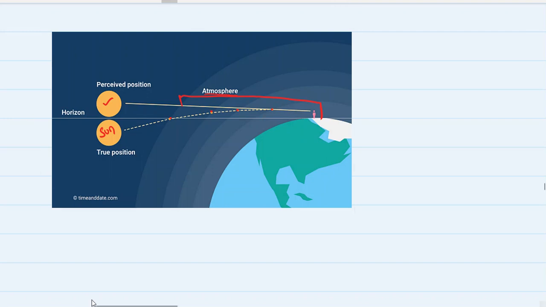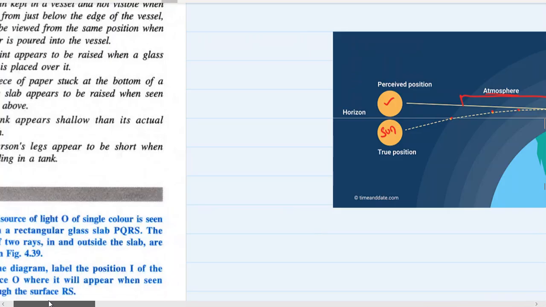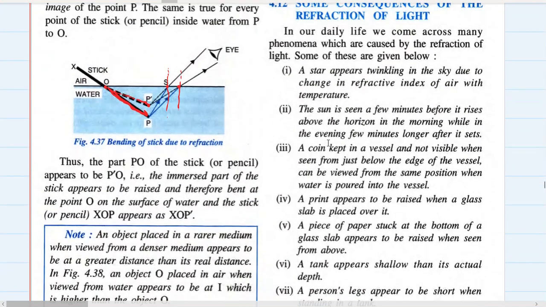So this is the pictorial representation of sunrise and sunset, a phenomenon due to refraction in the atmosphere.